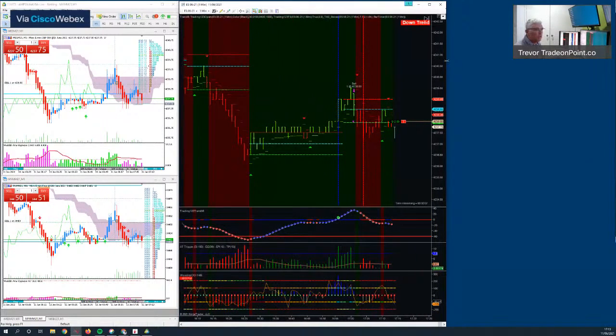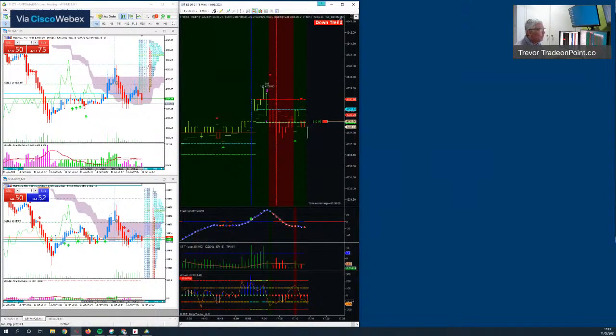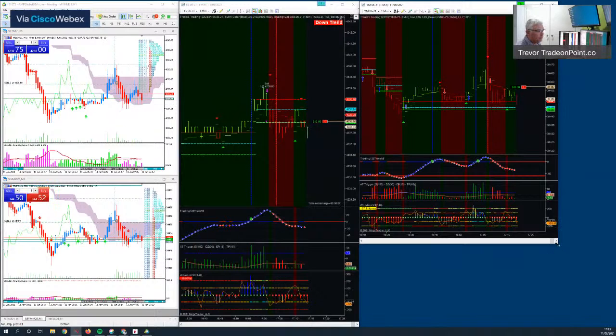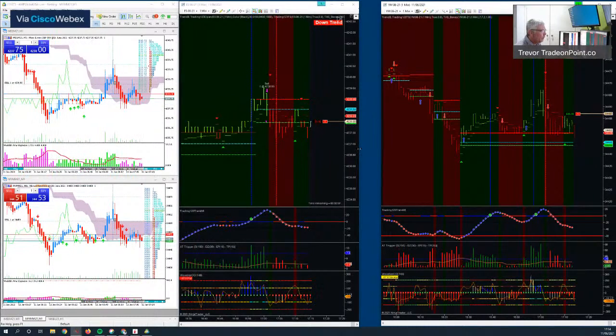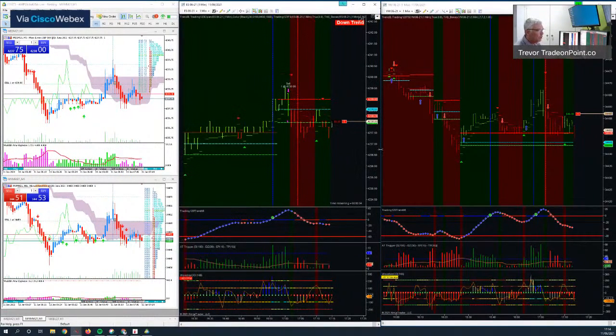So we're up 1 tick on the ES. We're up 6 ticks on the YM. If you haven't traded futures before, a lot of CFD platforms have the Dow 30, for example, or the US 30. That essentially is the YM, which is on the right-hand side of my chart.